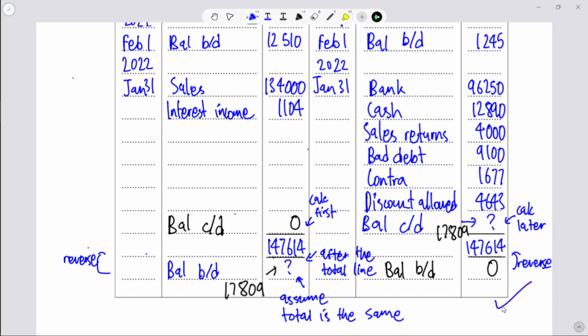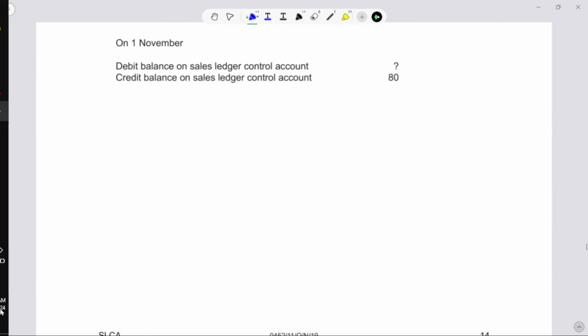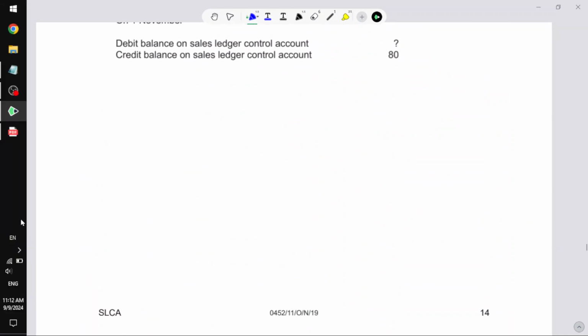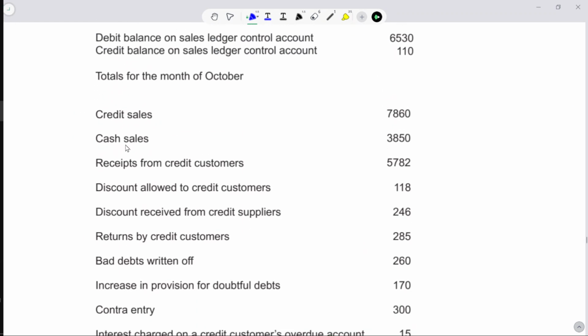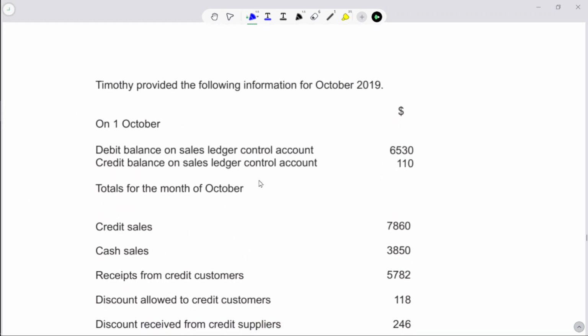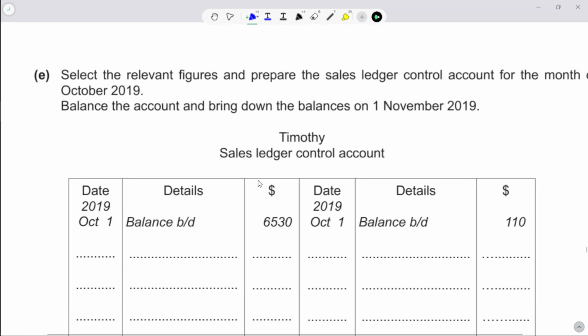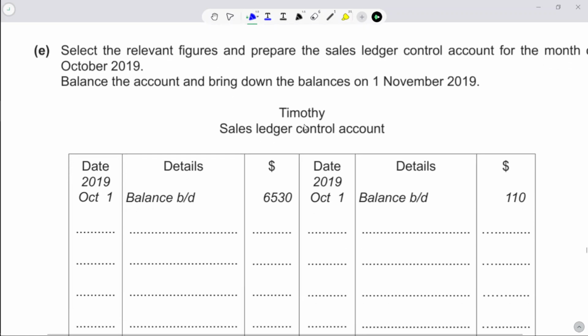Okay, now let's go to next page. So as you can see, this again. What we will do, sales ledger control account, we will do as SLCA.